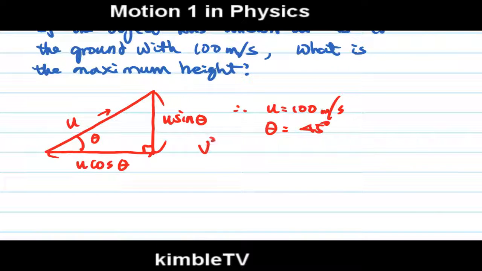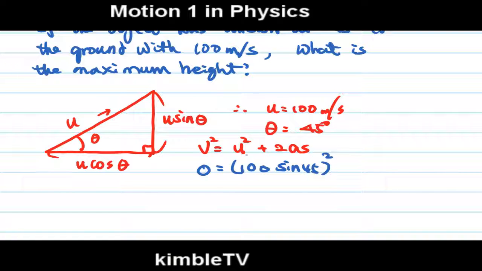Therefore, v squared equals u squared plus 2as. Substitute. Final velocity 0 equals (u, 100 meters per second times sine theta, sine 45 degrees) bracket squared plus 2 times minus 9.8 times s.